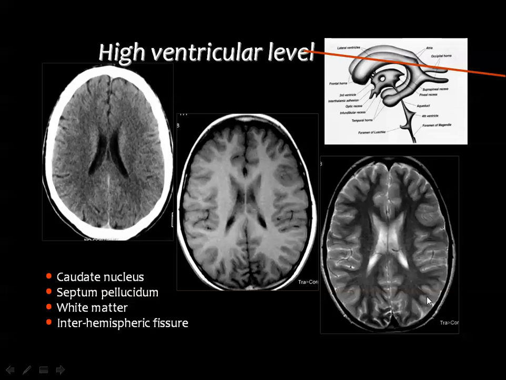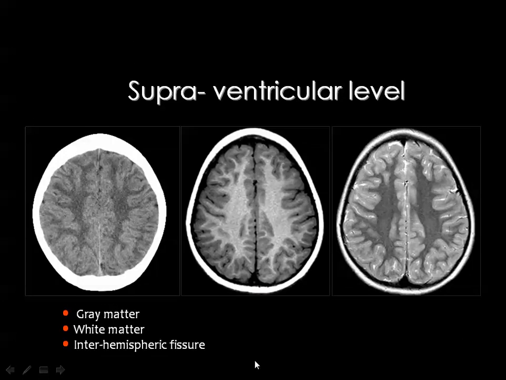But in the MRI T1 weighted image, the white matter is white and the gray matter is gray. So it's frequently said that the MRI T1 weighted image is used for the anatomy, while MRI T2 weighted image is used for the pathology.